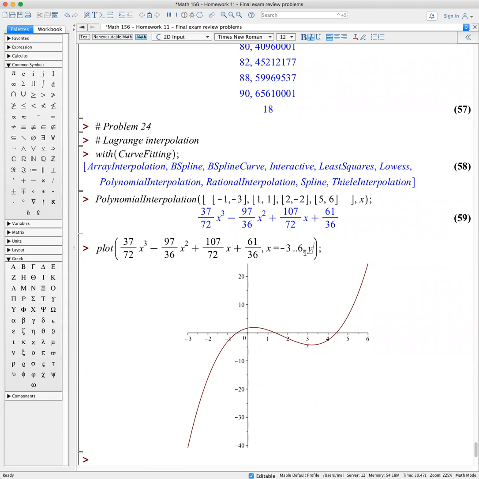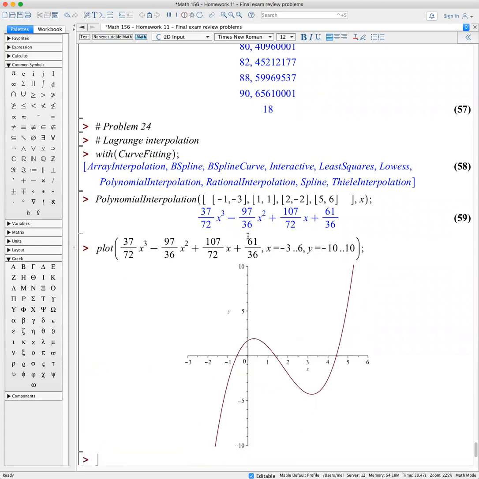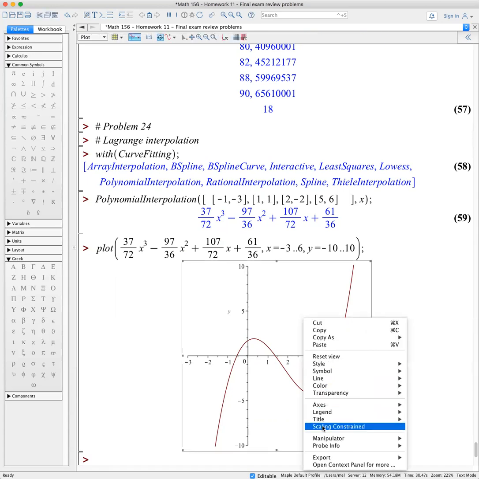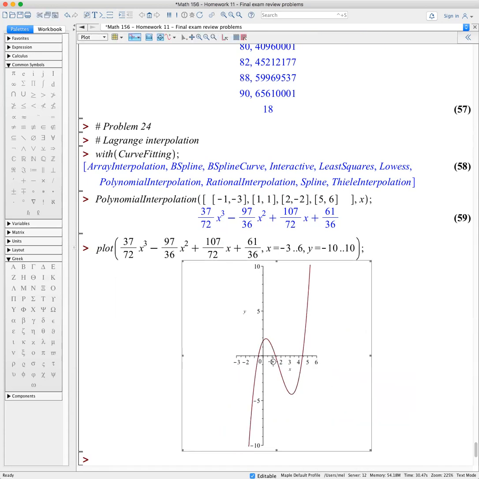Let's just say y going from -10 to 10. Okay, so just look visually, f at -1 is -3. F of 1 is 1. Yeah, now it's to scale.